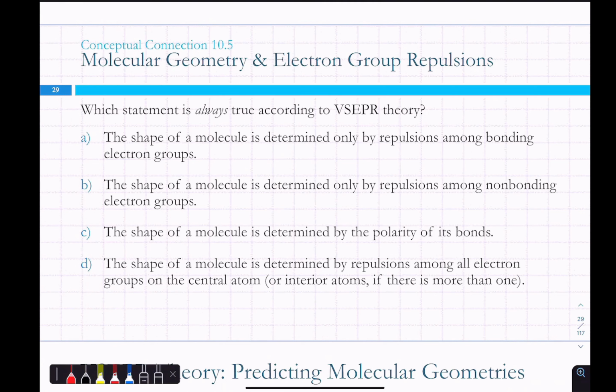Read the rest of them. I think your head and your heart were in the right spot. It's all of the bonding groups, right? You're focused on the repulsions. It's only the repulsions between all the groups on the central atom.